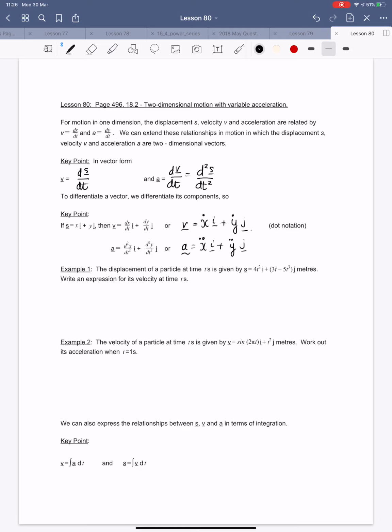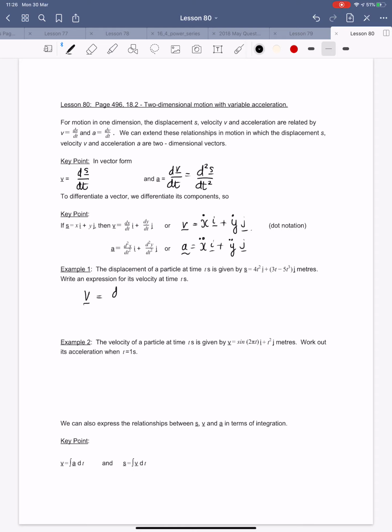Right, example 1. The displacement of a particle at time t, s, is given by s is 4t squared i plus 3t minus 5t cubed j meters. Write an expression for its velocity at time t in seconds.